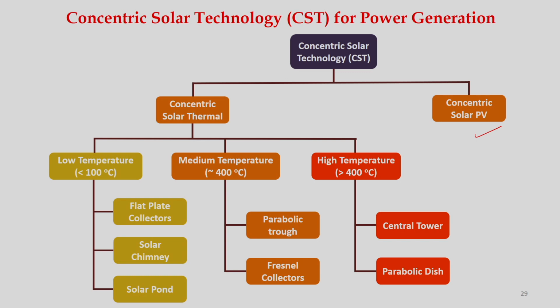And for high temperature applications, we will go for the central power tower receiver system and parabolic dish system, right. So, we can generate electricity using thermal energy through these routes, and we can generate direct electricity from solar energy by using solar PV technologies, right.